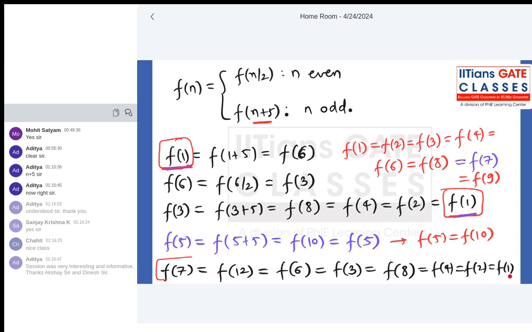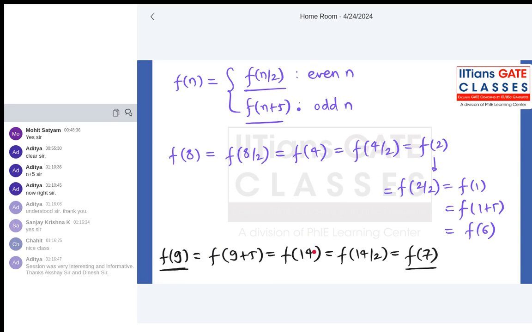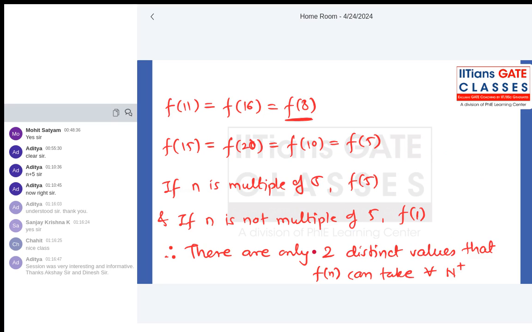Sir, when we take f of 5, then again we got f of 10 equal to f of 5, no, sir? Again in the last slide, when we are doing f of 15, again we got f of 10 equal to f of 5.